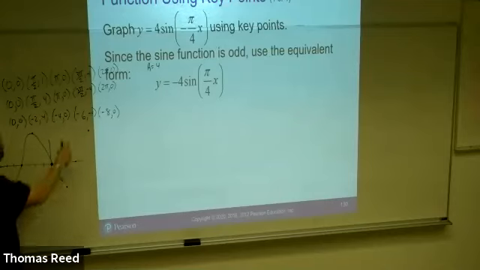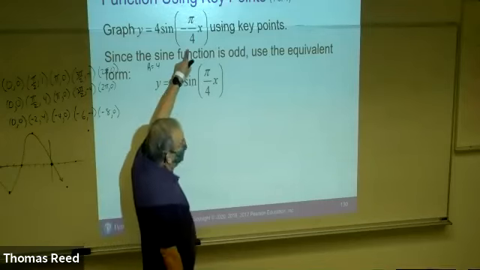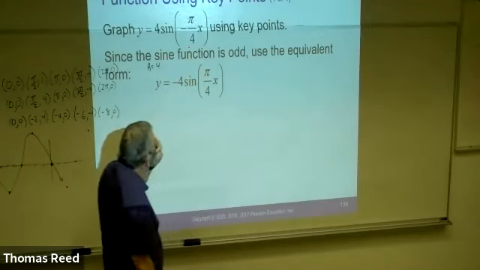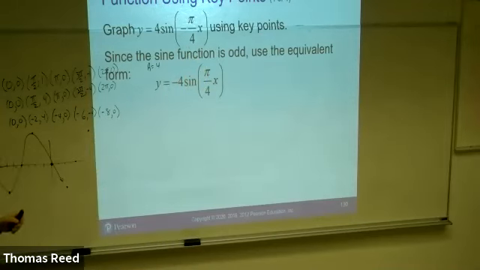So they would be graphing these points, and that's an easier way to do it: use the even-odd properties of the function, so you don't have a negative sign inside here.